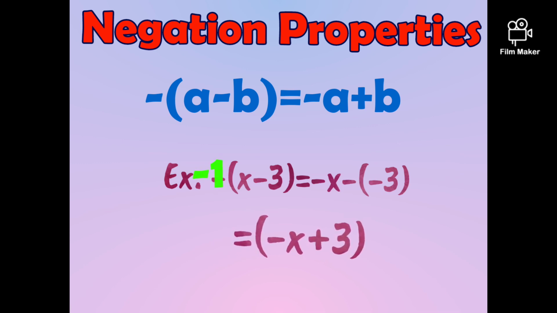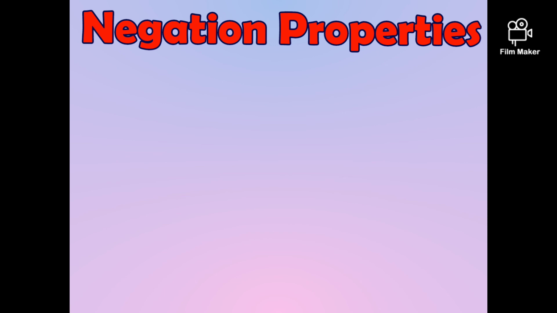Because if we multiply the invisible negative 1 with x and negative 3, we will get the result of negative x minus negative 3. Then, multiplying the negative and the negative 3, we will get the positive 3.